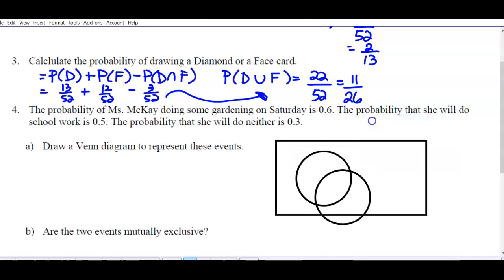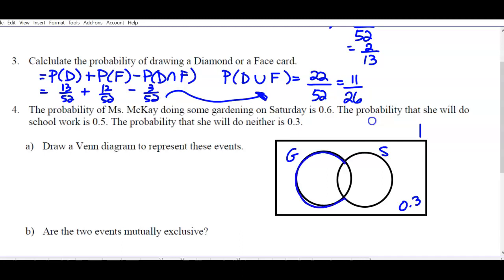This will be gardening. This will be schoolwork. So the total probability, if we do a probability Venn diagram, the whole rectangle is 1. Neither is going to be 0.3 out there. Okay, so that means the union, the or there, has to be 0.7.